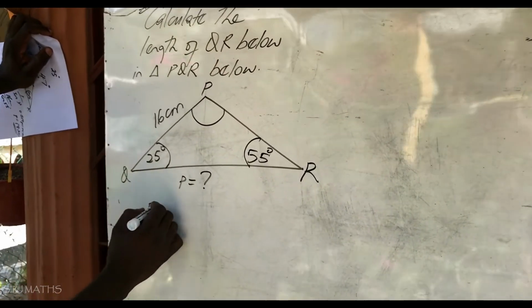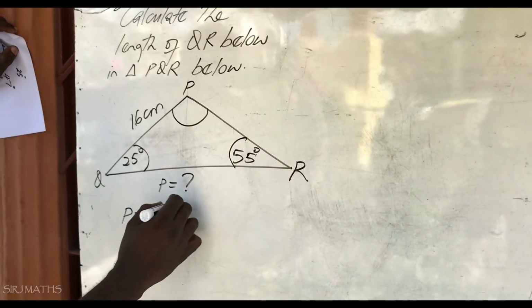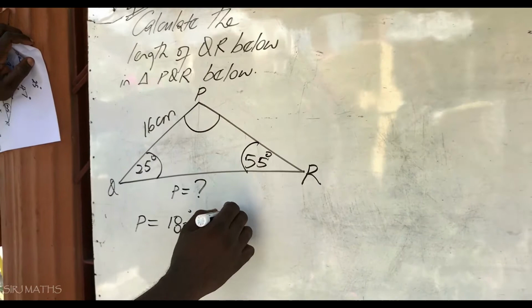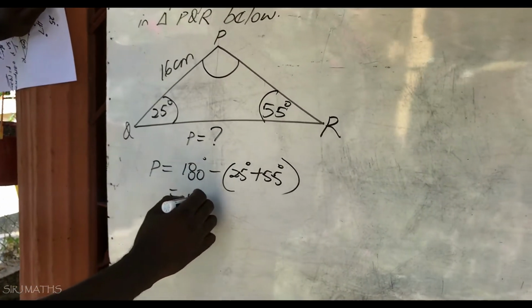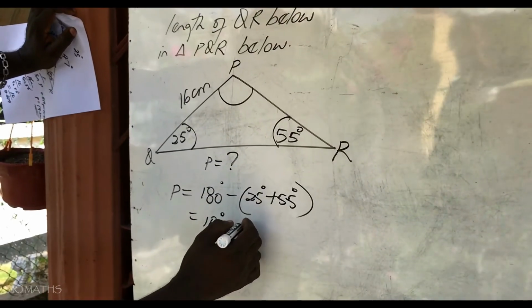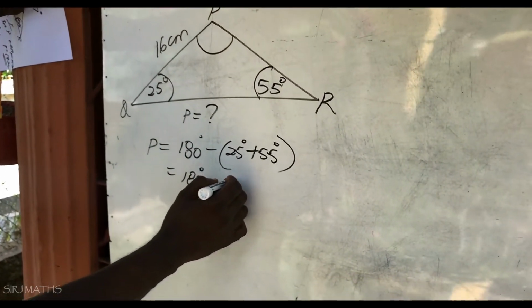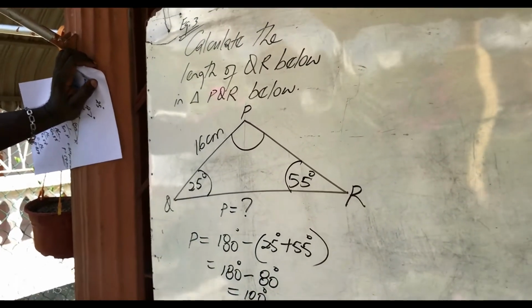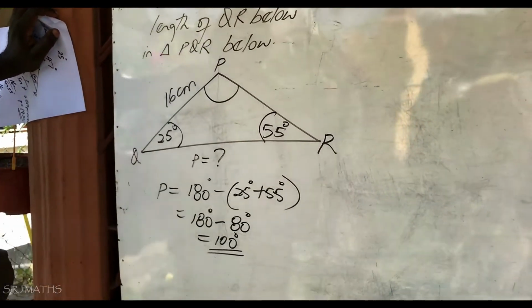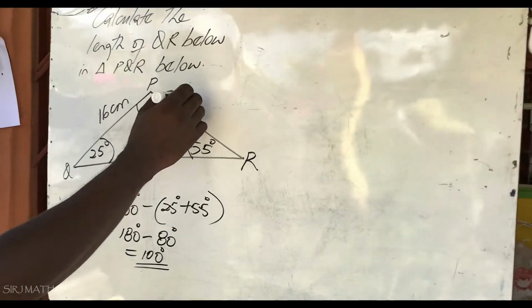So angle P would be 180 degrees minus 25 degrees plus 55 degrees, which is 180 degrees minus 80 degrees. And this works out to be 100 degrees. So we now know that this is 100 degrees.